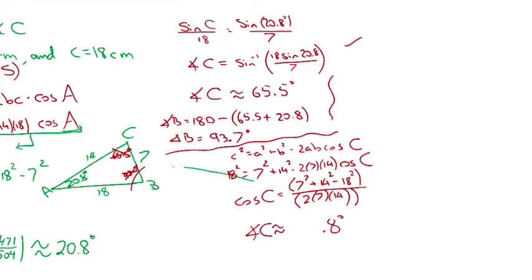And that makes a lot more sense. If this is 113.8 degrees, what does that make angle B? Well, it's 20.8 plus 113.8, subtract from 180, 45.4.